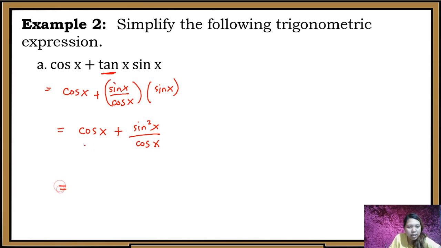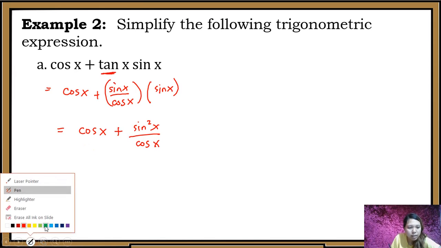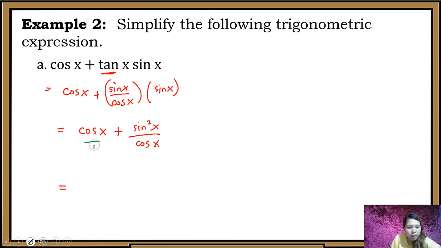We get the LCD, this is over 1, right? This is over 1, so we get our LCD between the two fractions, which is cosine x. Cosine x divided by 1 is cosine x times cosine x, that would be cosine squared x, plus cosine divided by cosine, that's 1, times sine squared x, that's still sine squared x.